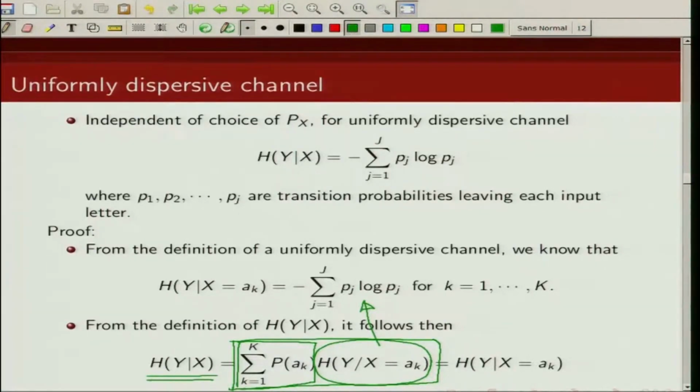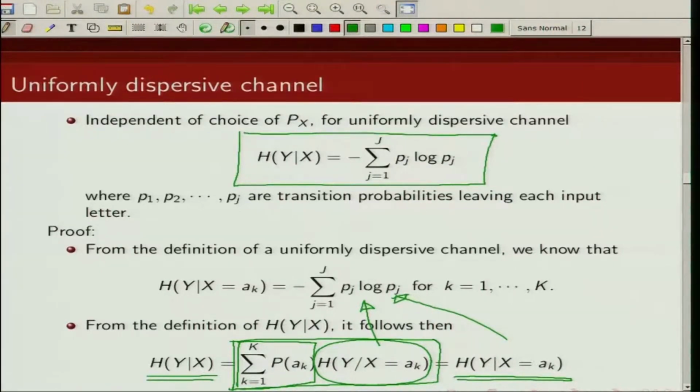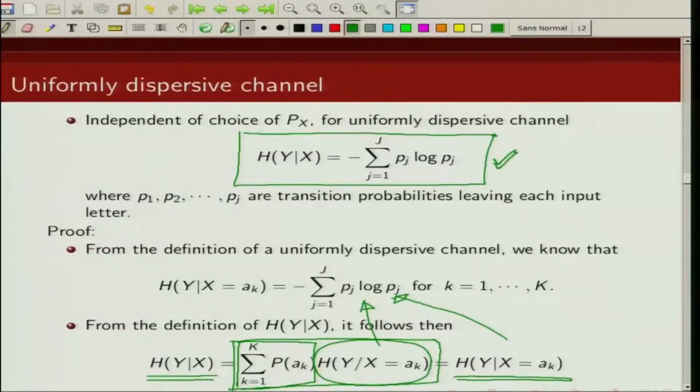So then we have proved that uncertainty in y given x is nothing but given by this. So we have proved that no matter what is the choice of input distribution, the uncertainty in y given x for a uniformly dispersive channel is given by this expression.